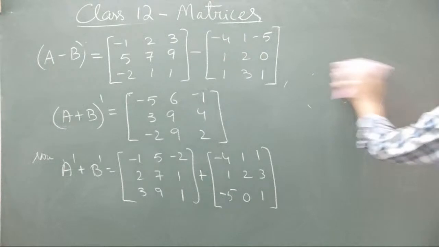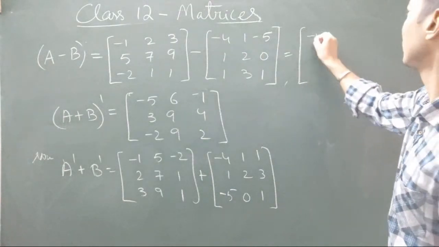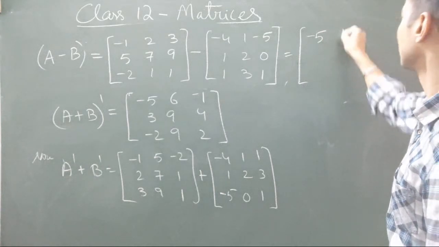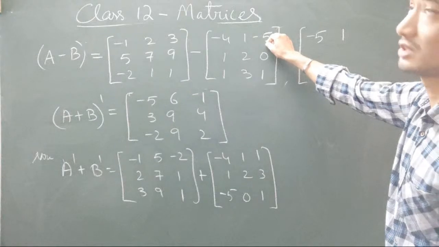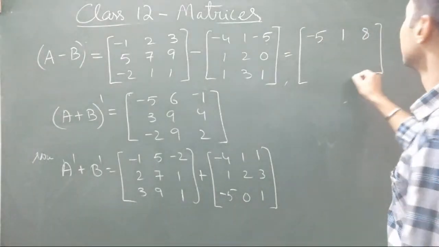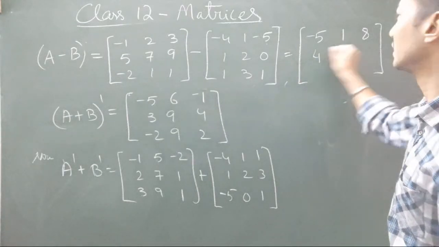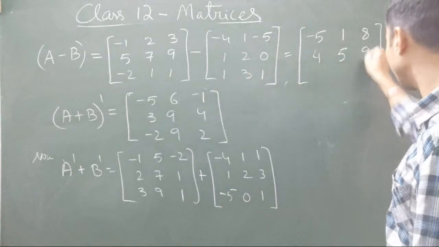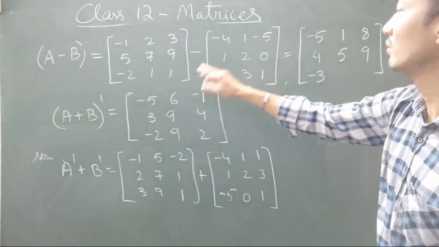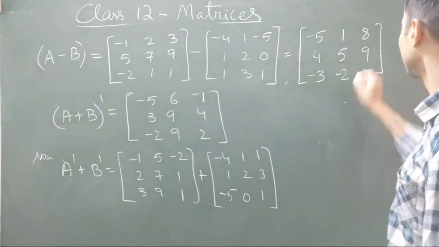If we subtract, what do we have? -1 minus -4, again -5. 2 minus 1, that's 1. 3 minus -5, so that's 3 plus 5, which is 8. 5 minus 1, 4. 7 minus 2, 5. 9 minus 0, 9. -2 minus 1, -3. 1 minus 3, -2. 1 minus 1, 0.